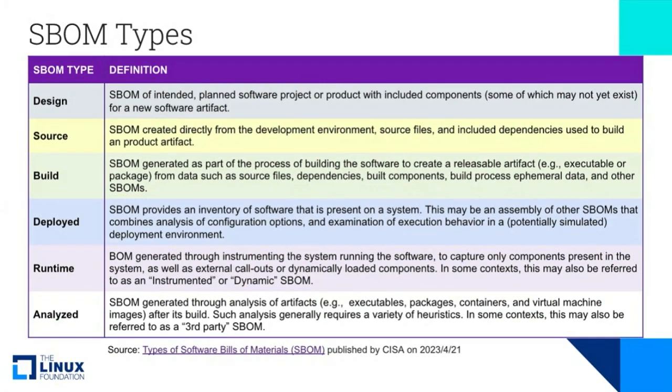But the first step is obviously the design, and then when you're planning to do something, what information do you have? Source: you're bringing things into your organization, you're trying to understand what you want to use, you want to scan it, make sure there's no surprises, and ask for SBOMs when you're doing procurement, but understand what you're trying to pull together.